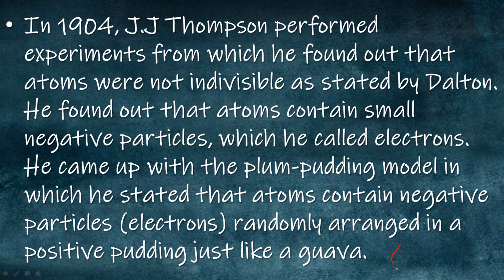He said that if you have a guava here, the seeds inside there are the electrons, and the succulent part is positively charged, and these that are just scattered there are the electrons randomly arranged. That was according to Thomson in 1904.